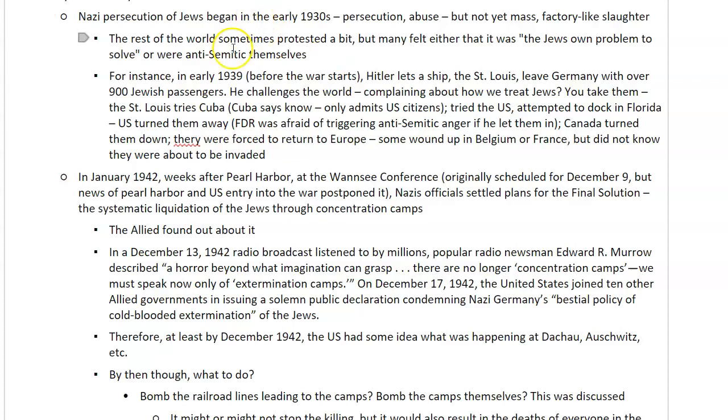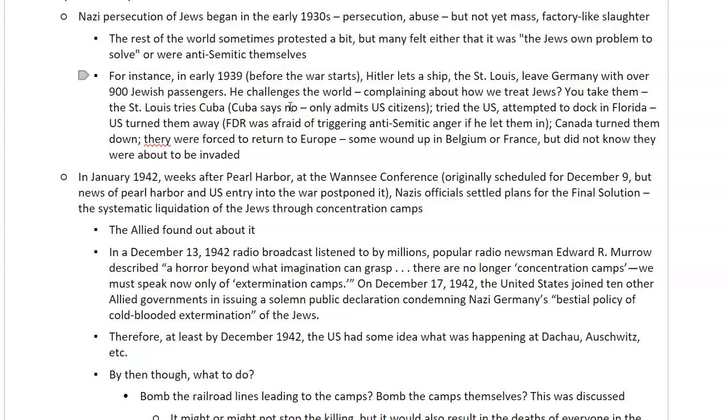Cuba only admits U.S. citizens. Cuba would only let a U.S. citizen in. The St. Louis tried to dock in the U.S. They attempted to come into port in Florida. The U.S. turned them away. FDR was afraid of triggering anti-Semitic anger if he let them in. Canada turned them down.